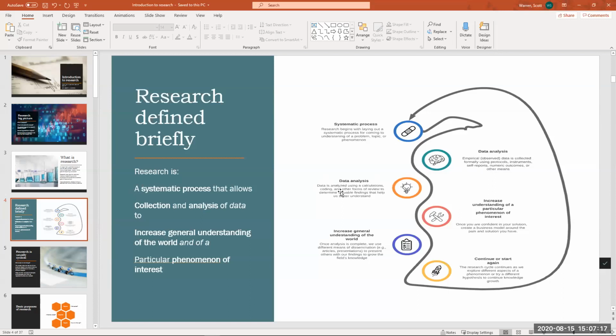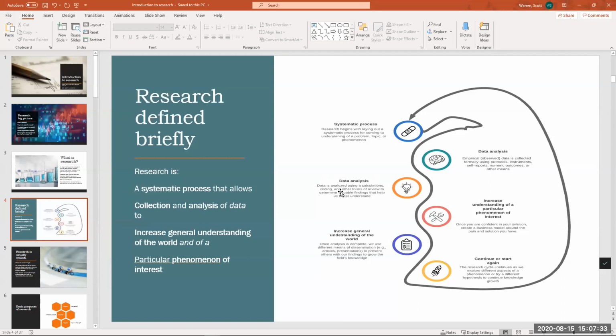Second part is data analysis. So we have to be able to analyze. We have to know what calculations are going to be appropriate. We have to set things the right way. We have to have the right p-value setting. Are we going to do 0.05, 0.1?